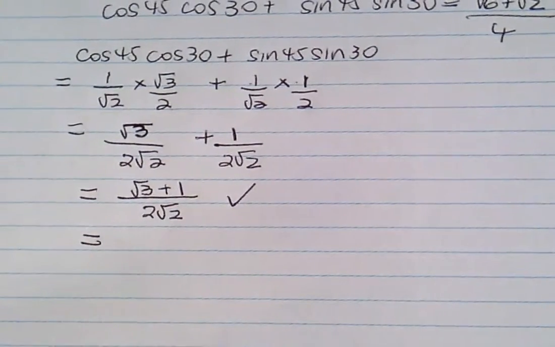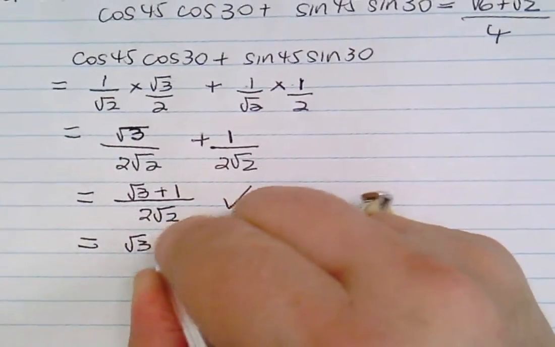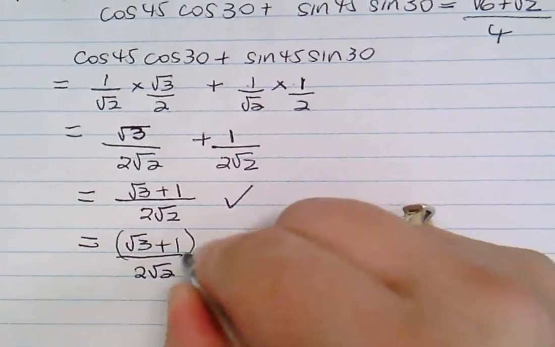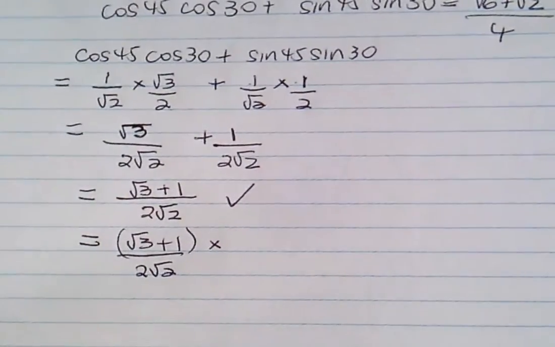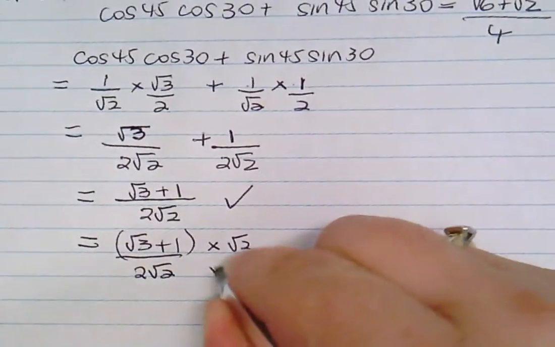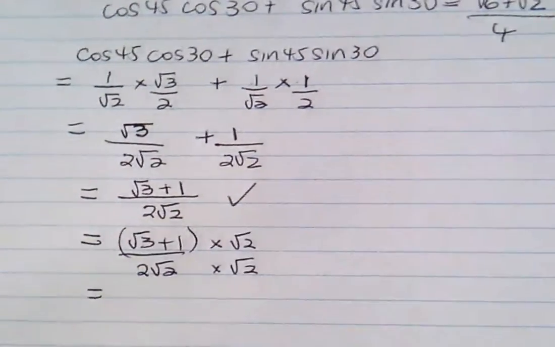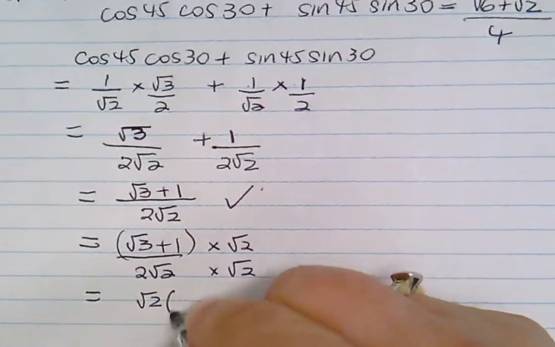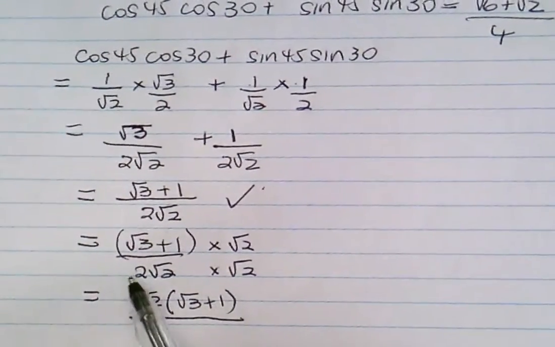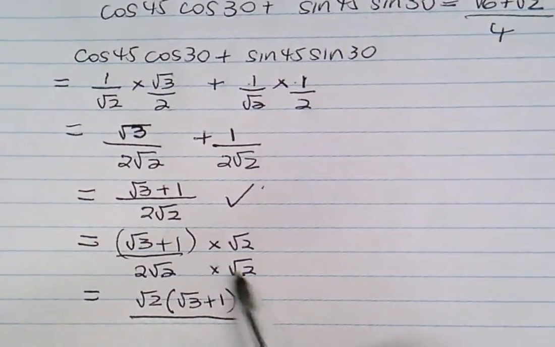But what do you think you would do if you did rationalise it? What do you think you multiply by? Root 2 over root 2. This means root 2 bracket root 3 plus 1 over 2 times root 2 times another root 2.